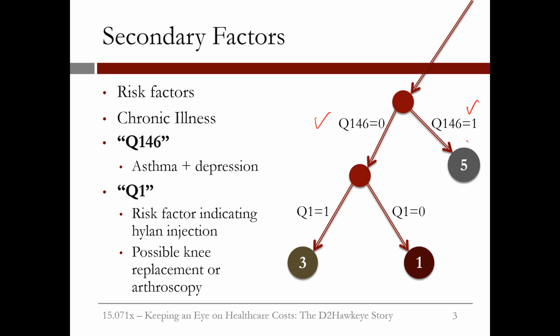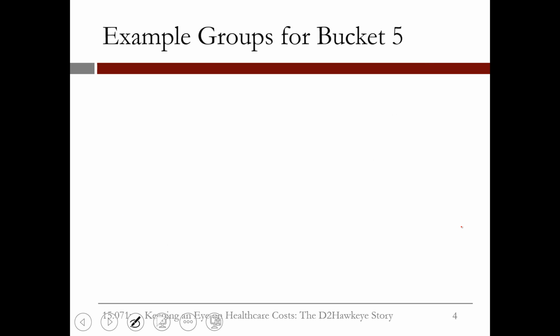If it doesn't, then we consider a particular indicator indicating a hyaline injection, which is an indication of a possible knee replacement or arthroscopy. So if this indicator is equal to 1, then it's bucket 3. If the indicator is equal to 0, if it's not present, then it's bucket 1.